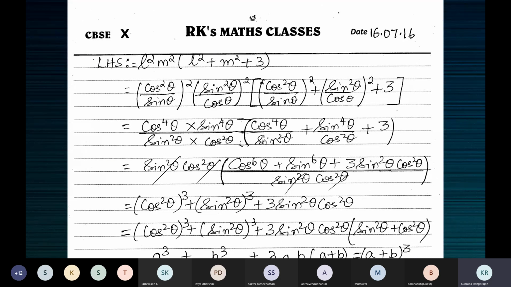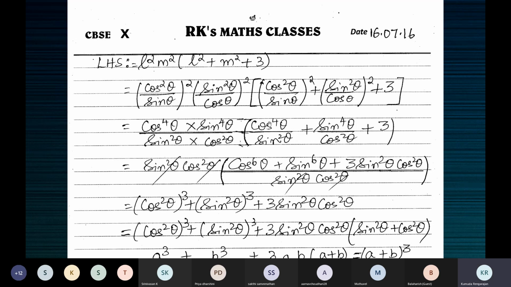What is a to the power 4 into a square? Bases are same, a, and it's multiplication, so we have to add the powers. 4 plus 2, 6. A to the power 6. It's not a to the power 8. When it's multiplication, we add the powers; we don't multiply the powers.